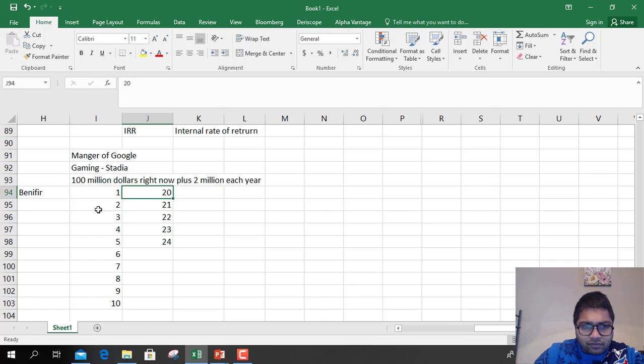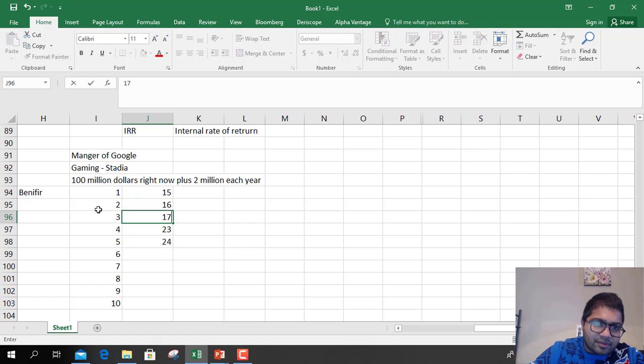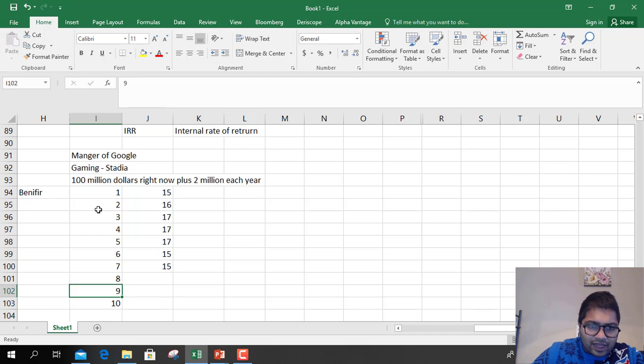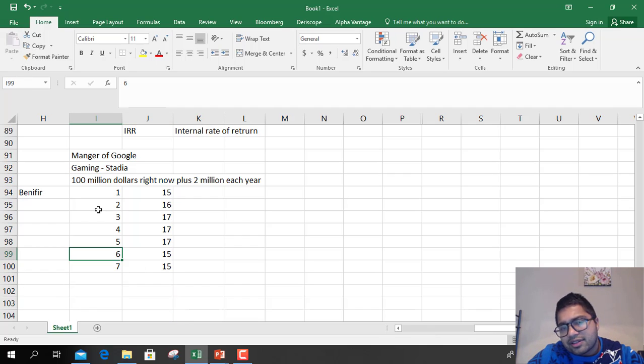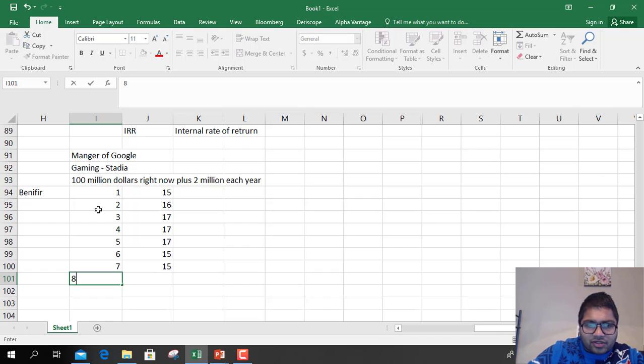Let's change it a bit. 15 million, 16 million, 17 million, 17 million, 17 million, 15, 15, and let's say it's a 7-year project. I don't want to go beyond 7 years, it will be more complex to calculate. So let's say it's a 7 or 8-year project. We'll add one more year with 17 million.